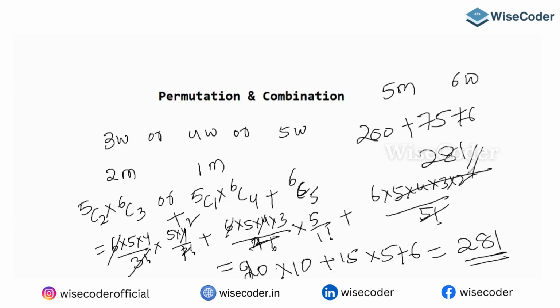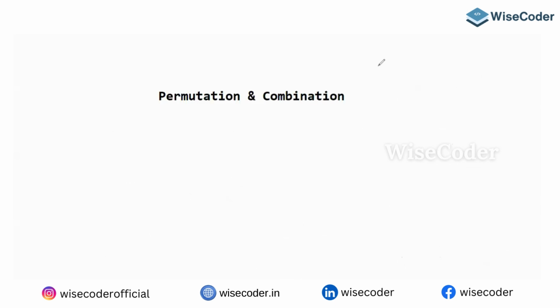Then how to select the objects, selecting any number of objects. In certain situations, one has the liberty of selecting any number of objects from, say, n given objects.